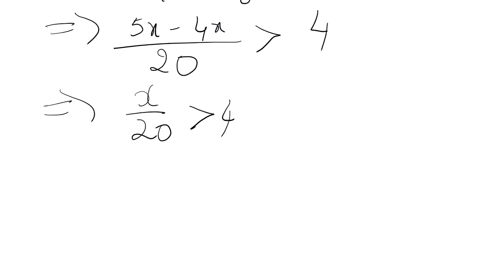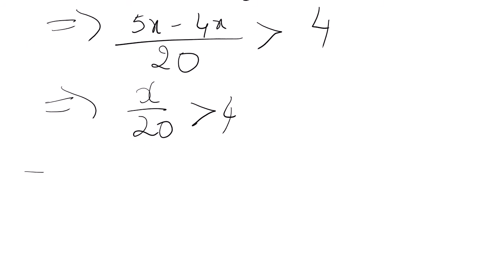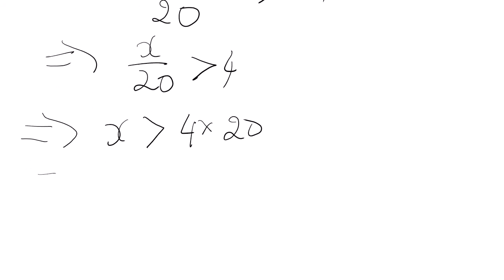So if you multiply by 20 you will get x. 20 is a positive number, so x is greater than 4 into 20. So x is greater than 80.